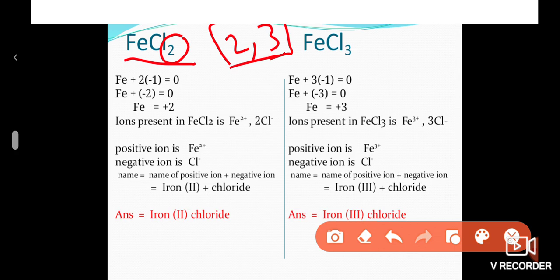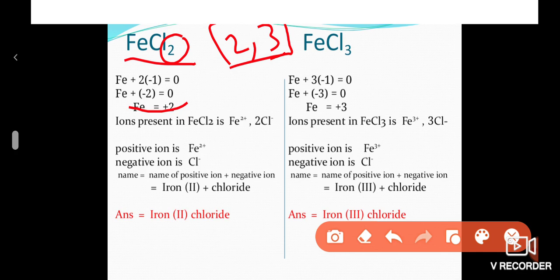And the chlorine charge is multiplied with the number of chlorine atoms, so we get minus 2. Now we move that minus 2 after the equal sign. What do we get? Fe plus 2. Now what is the valency of iron here? Here the valency of iron is plus 2. Okay. That means it exists in 2 valency form.